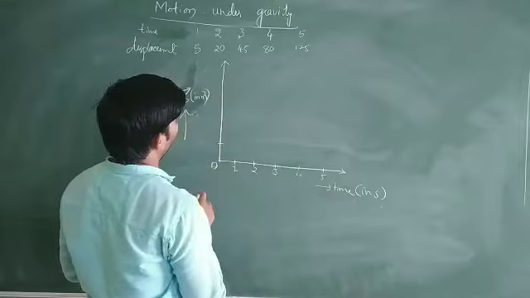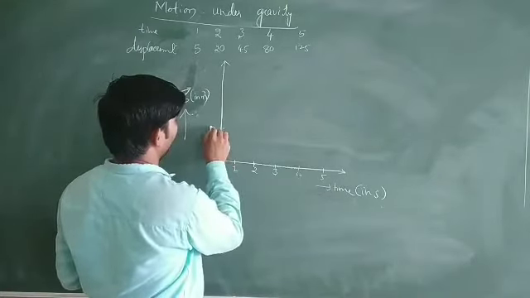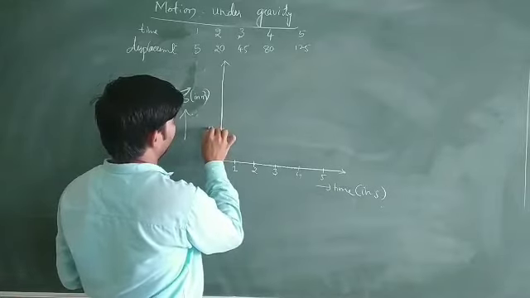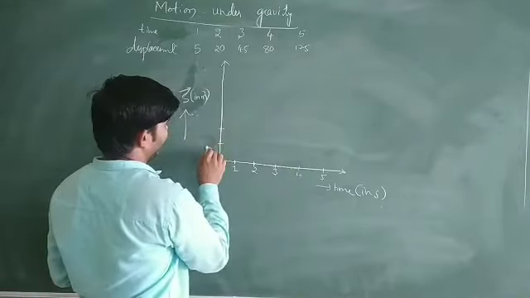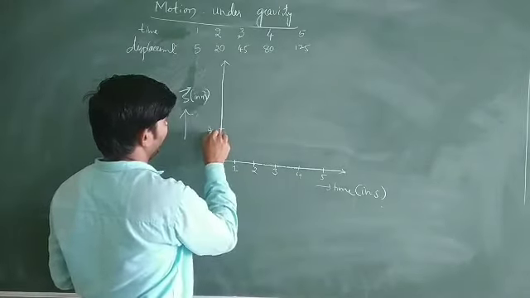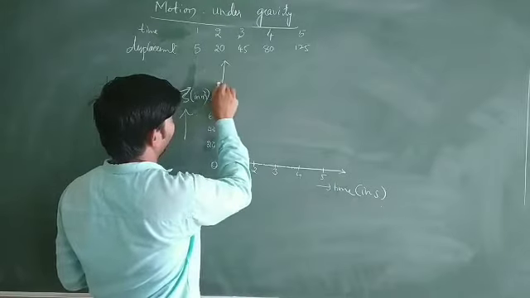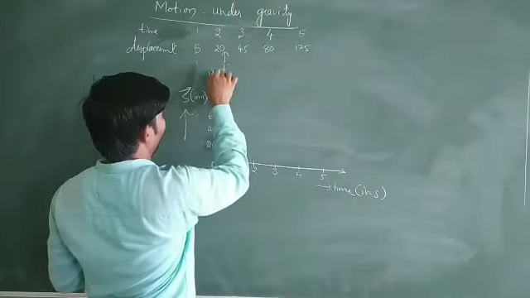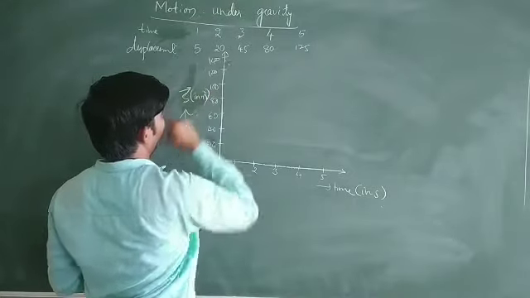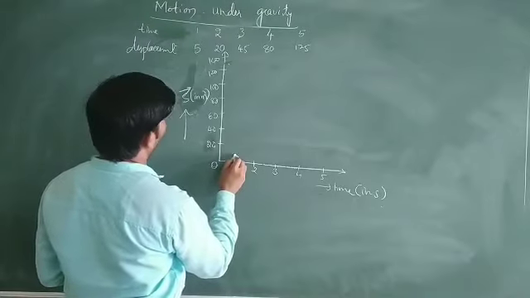Since the values go up to 125, you need to take a scale here: 20, 40, 60, 80, 100, 120, 140.